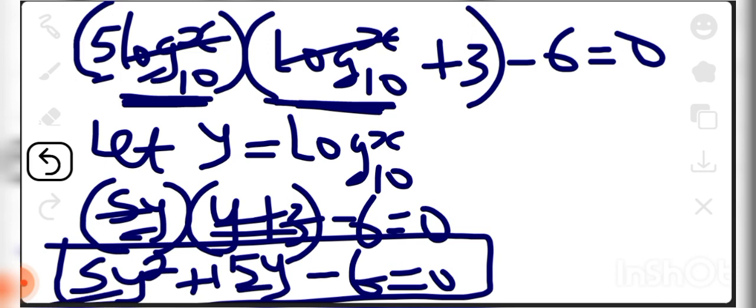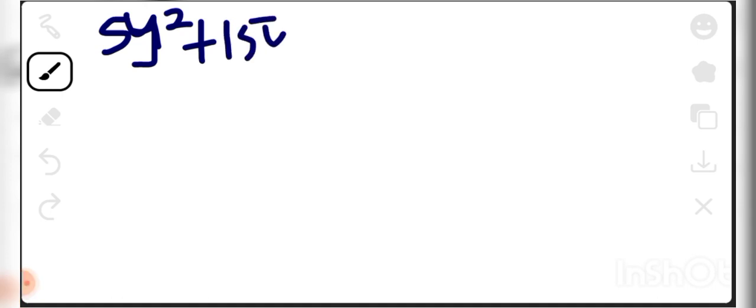So you can use your almighty formula, or the calculator method. We're having 5y squared plus 15y minus 6 equal to 0.